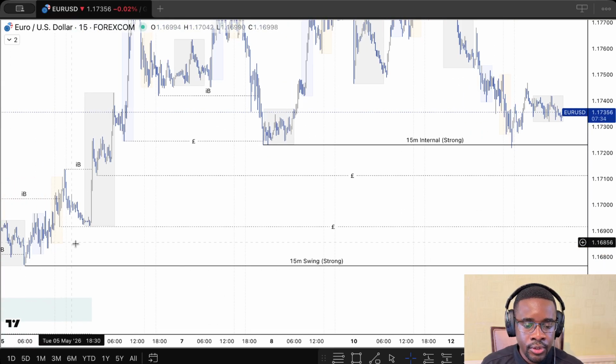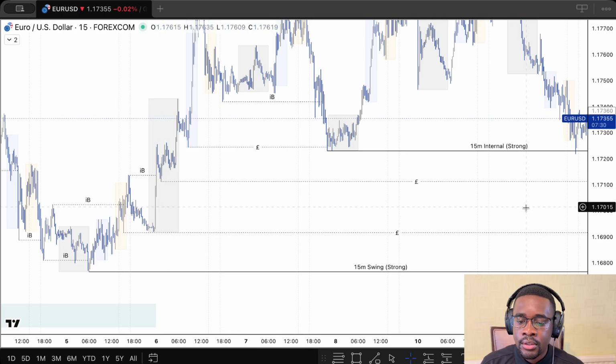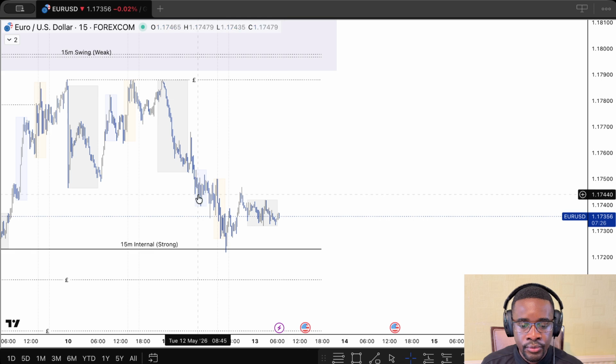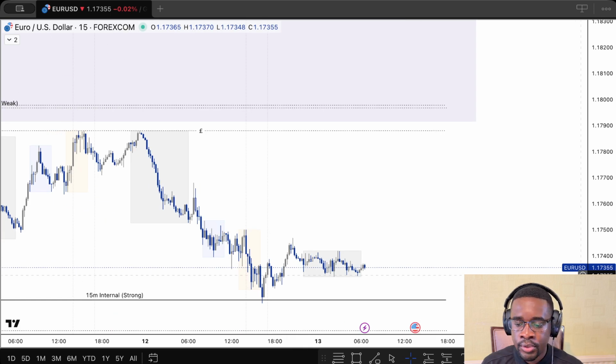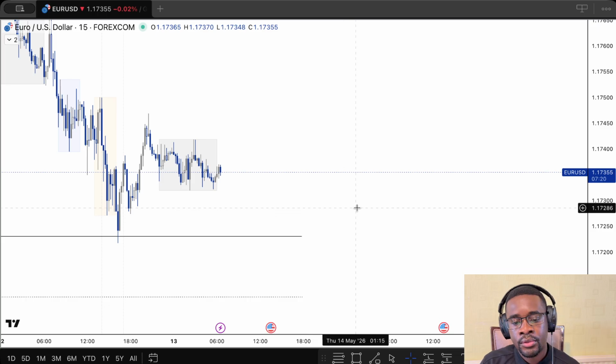So we do have trend lines, relative equal lows, trend lines. So you could see the possibility of price continuing to go to the downside.